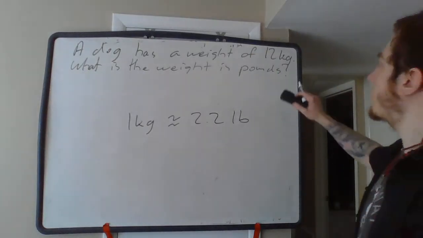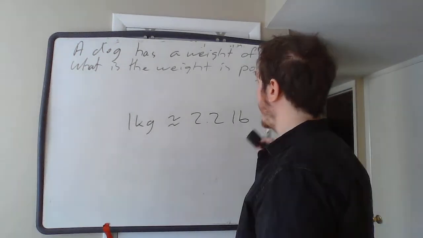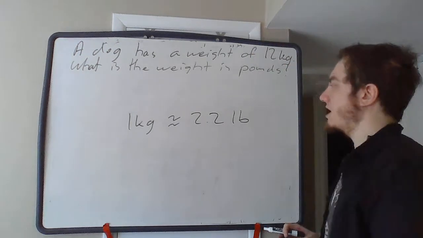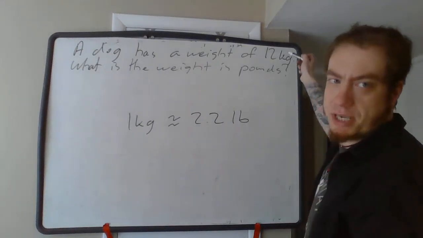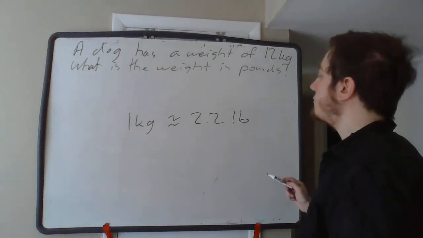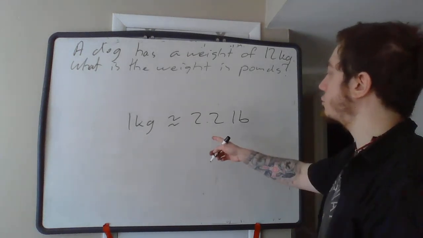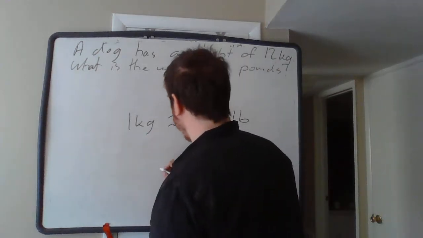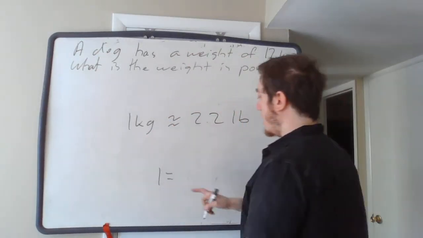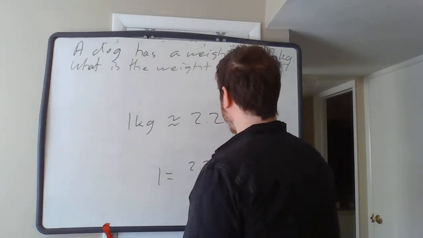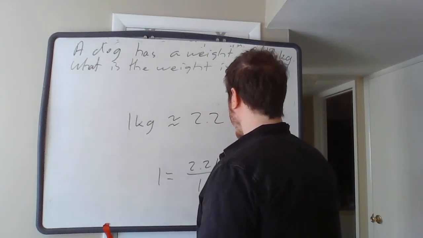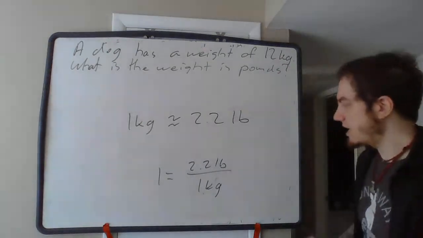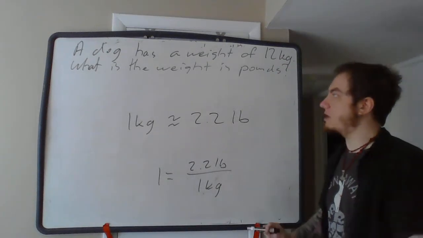Well, if I want to convert this weight from kilograms into pounds, then I need a conversion ratio that is going to cancel the kilograms and leave me with pounds. Well, what is that conversion ratio going to be? If I divide both sides by kilograms, I get a conversion ratio of 1 is equal to 2.2 pounds over 1 kilogram. This is the conversion ratio that I want to use.